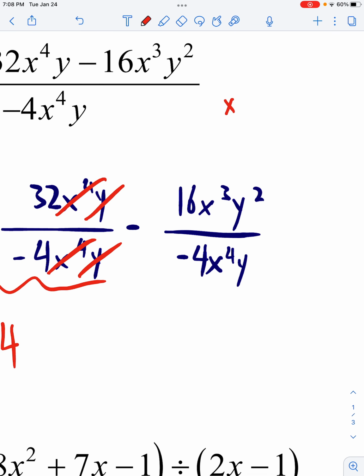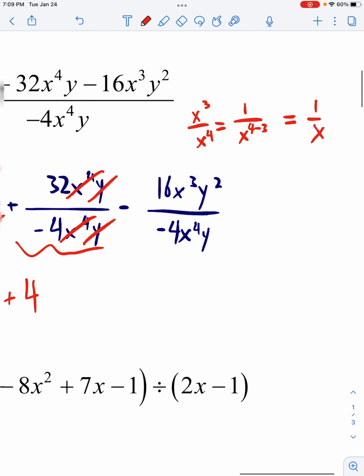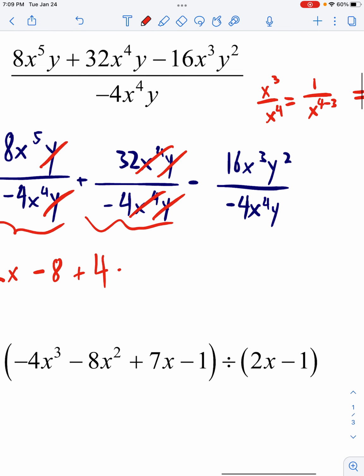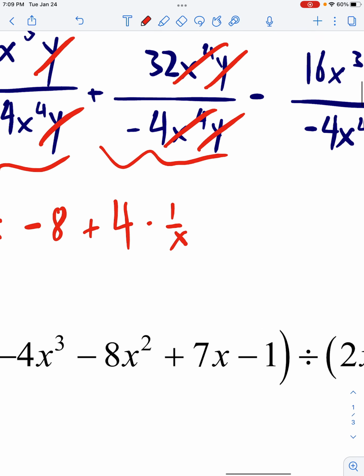X cubed over x to the 4th, that becomes 1 over x to the 4 minus 3, okay? Or just 1 over x, okay? So it's going to be plus 4 times 1 over x, and then y squared over y is equal to y, okay? So it's going to be times y. So let's rewrite this. I'm going to rewrite this term right here as 4y over x, okay?